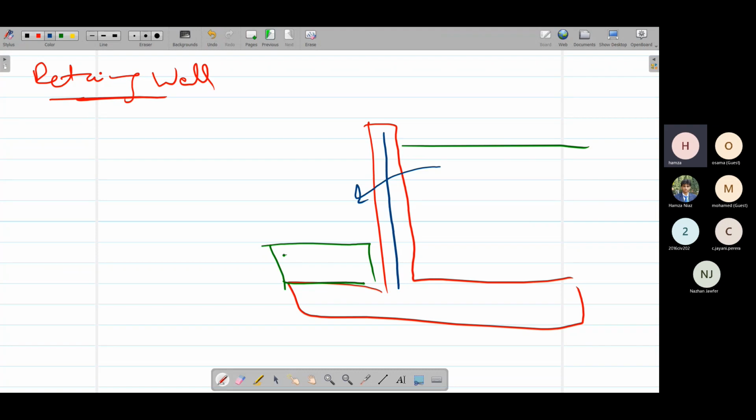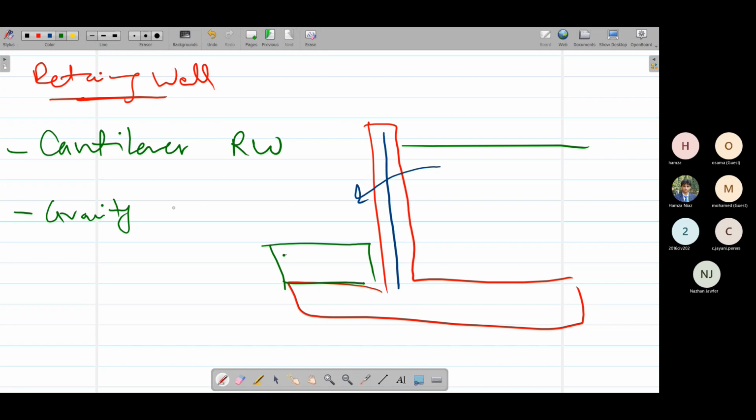What we are going to discuss is the cantilever retaining wall. A cantilever retaining wall is a concrete structure, like this one. There are also gravity retaining walls that are only made of stones, etc., like you would have seen in northern areas.